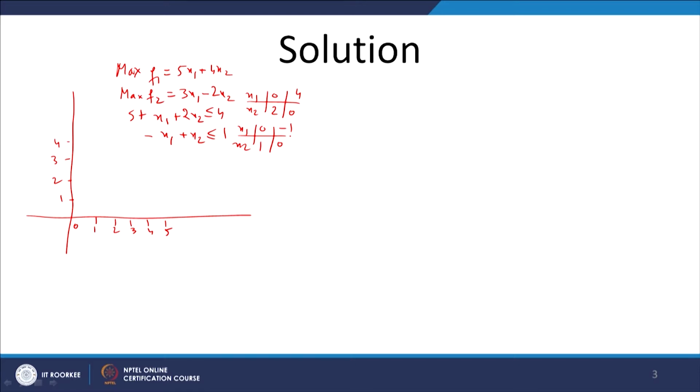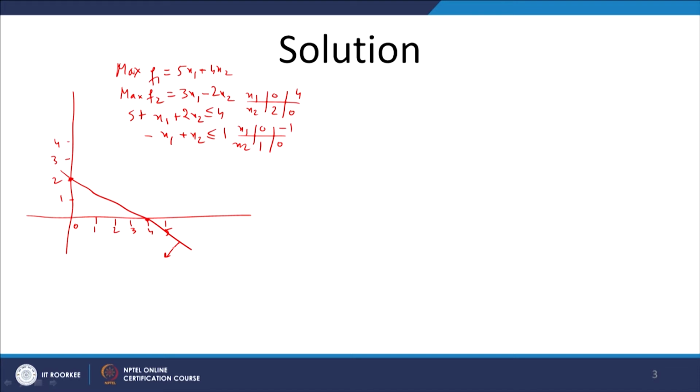So, let us plot these points. 0, 2 is here and 4, 0 is here. We draw a straight line passing through these 2 points, and as per the less than or equal to sign of the constraint, the feasible region is below the line.